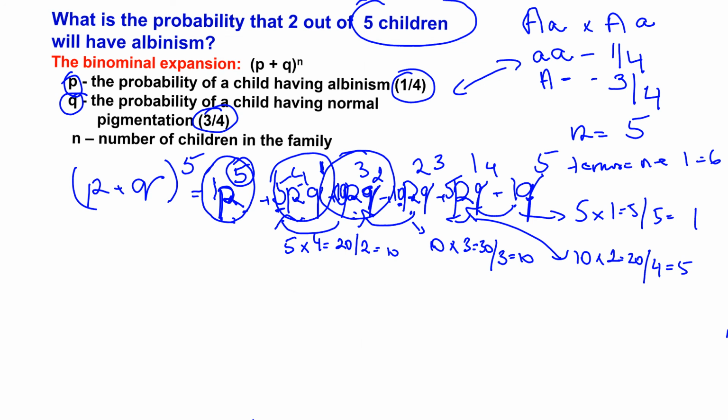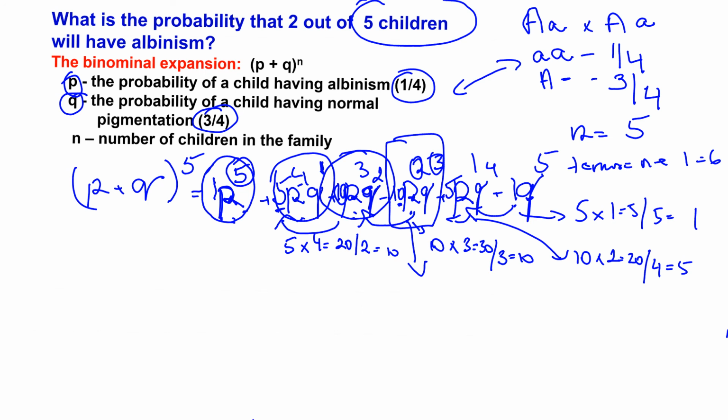P is to the power of 2, which means 2 children will be albino, and Q is to the power of 3, which means 3 children will have normal pigmentation. So let's take this into account and calculate this term: 10 times P to 2 and Q to 3. What do you plug into this term?